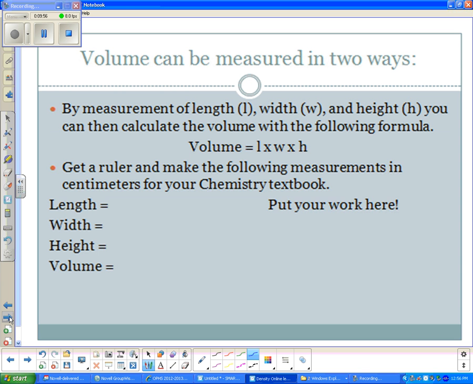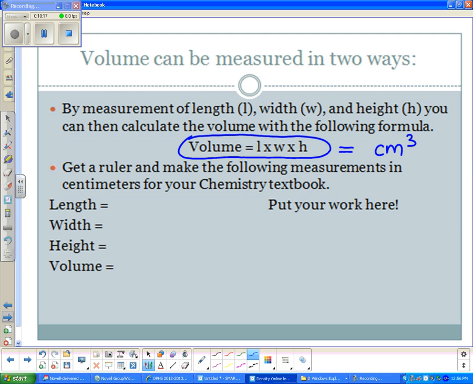We can do it by the measurement of length, width, and height, and then using this volume formula, which I would highlight, you can solve for the volume by taking length times width times height. This is where we get that cubic unit that we looked at before.